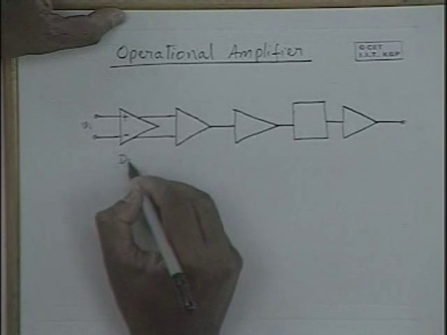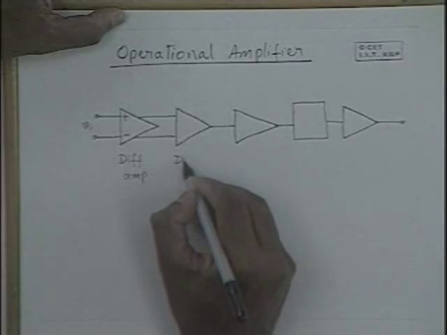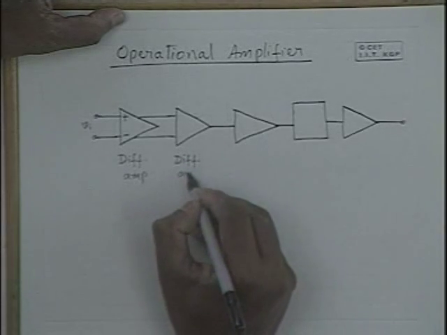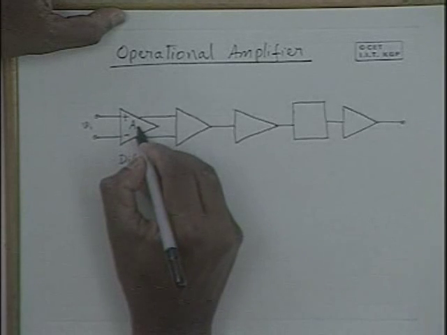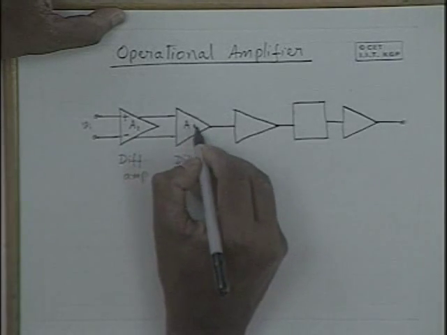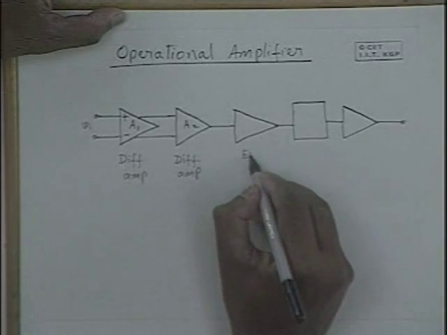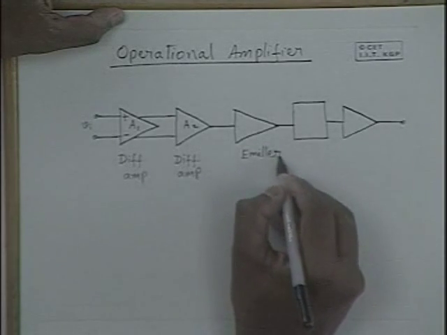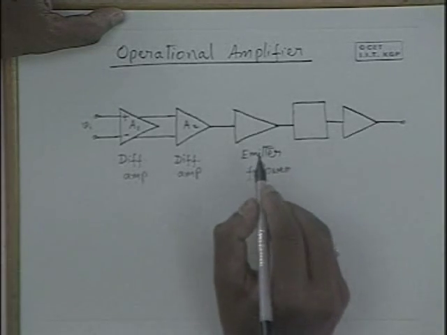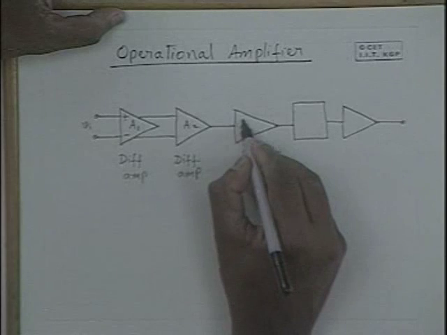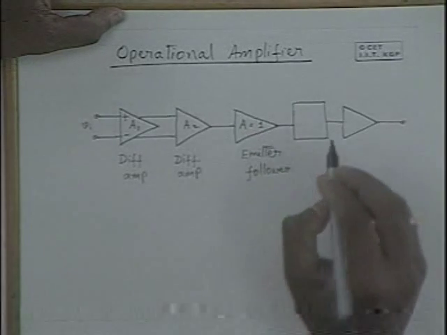So this is a differential amplifier. So this is another differential amplifier, providing a differential gain of, say, A1, and this one providing a differential gain of A2, and this one is an emitter follower or a common collector amplifier circuit with gain equal to 1.